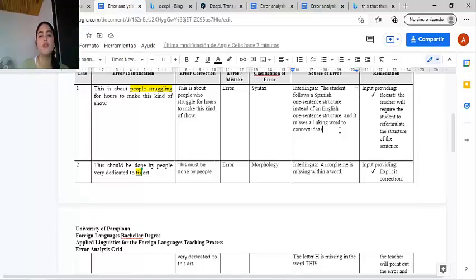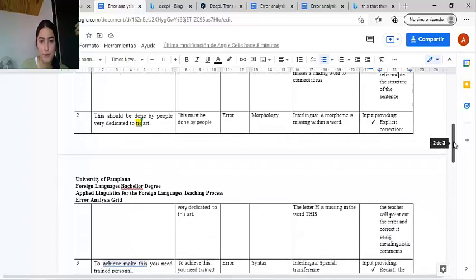It is necessary to include linking words or discourse markers to connect the ideas. And a possible solution is to use input providing, recast, because the teacher is going to require the student to reformulate the structure of the sentence, and in this way the student is going to realize what the issue is here.